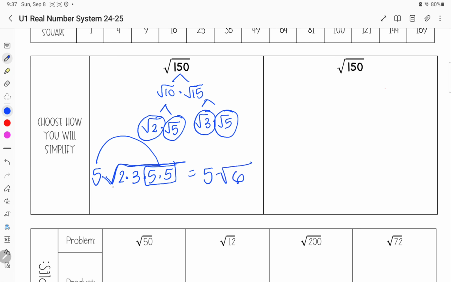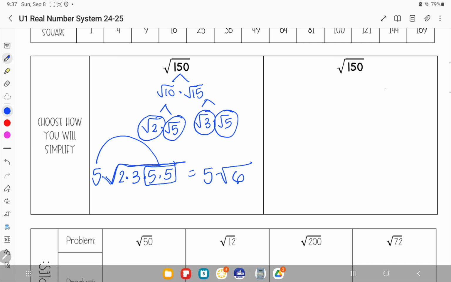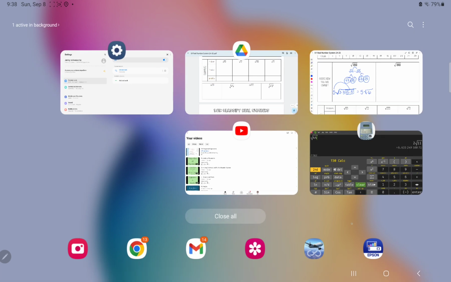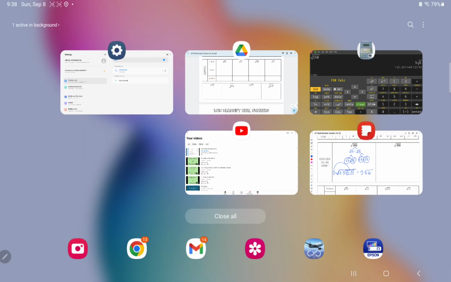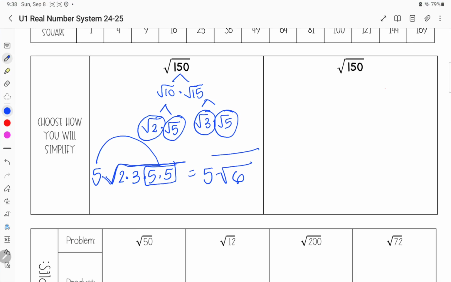Now, this is the kind of work that I would expect you to show me. So then I could look and I'd say, just to show you, we have 150. So I'm going to plug it in here. Second x squared, 150, and we got 5 radical 6. If we go back to our notes here, we got 5 radical 6.